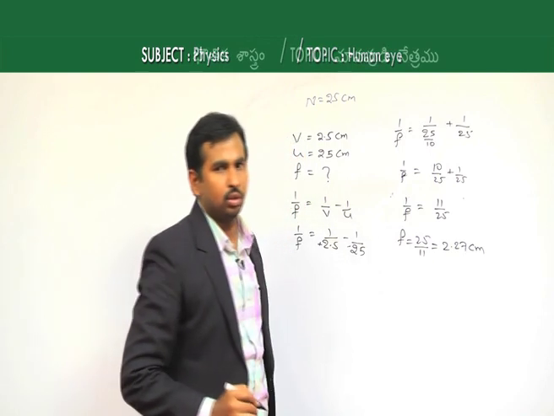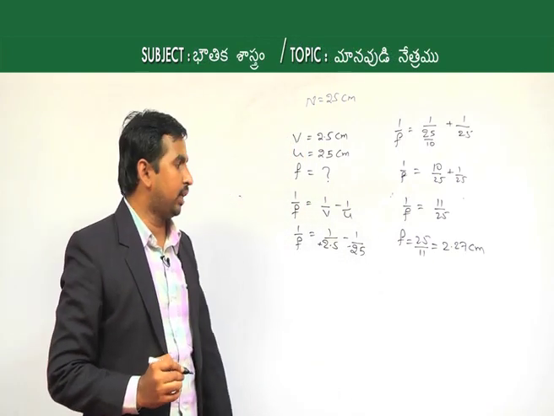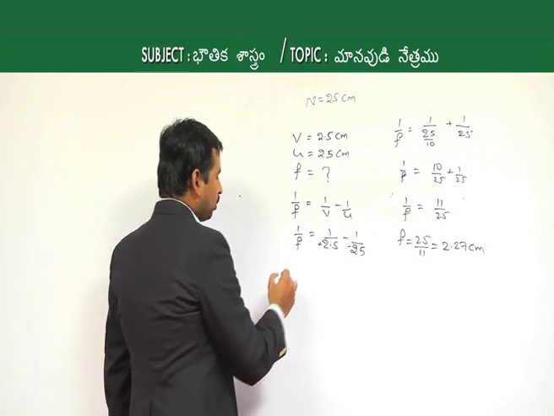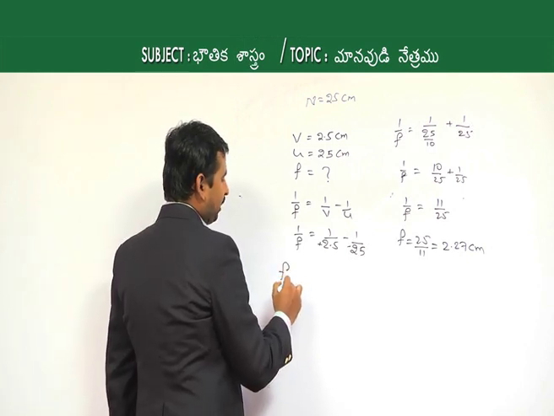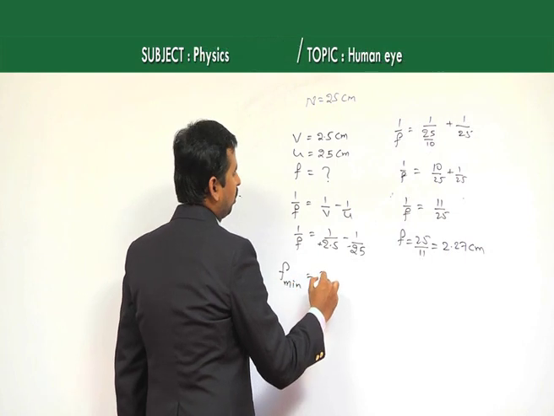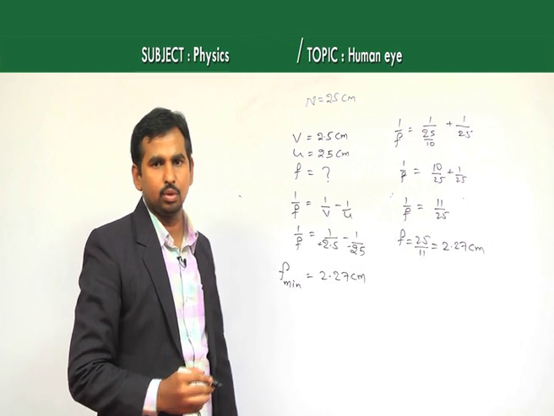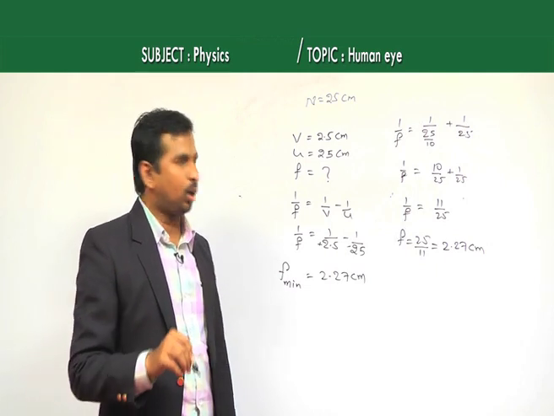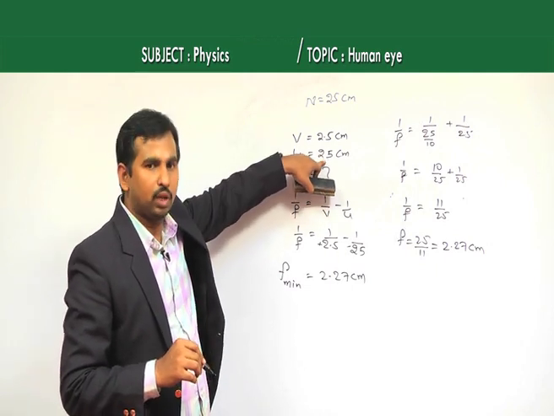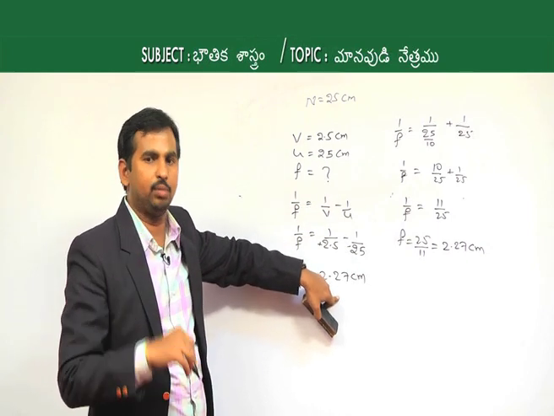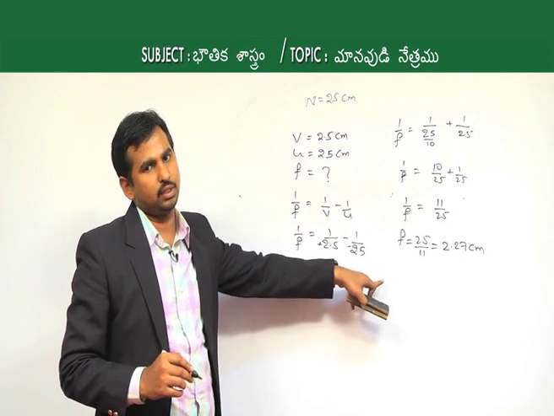So, this is the focal length required whenever you are seeing the near distant objects. The minimum focal length required is 2.27 centimeters. So, whenever you see an object placed at 25 centimeters, the focal length adjusted by our ciliary muscles is 2.27 centimeters.